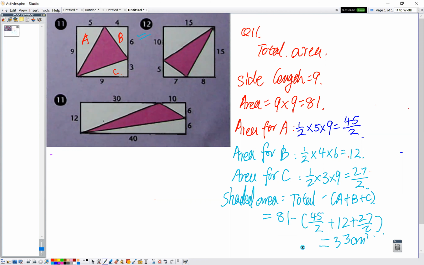The total area is found as 15 by 15. It becomes 225. This is 225. Okay, 225. And then we find out separately.